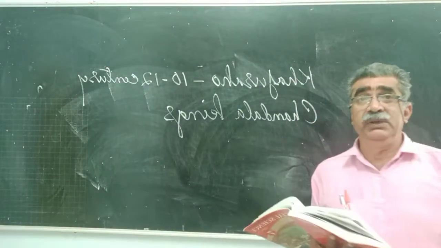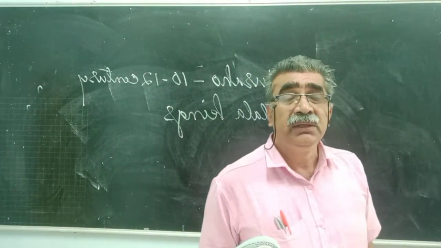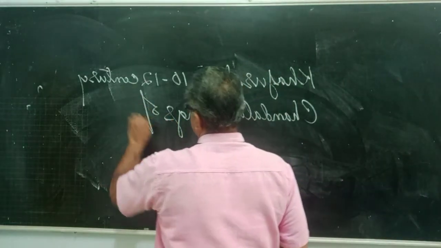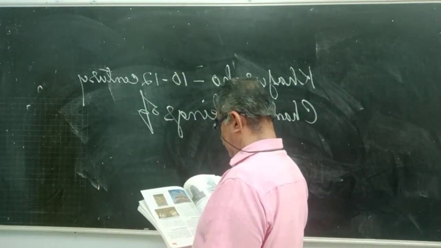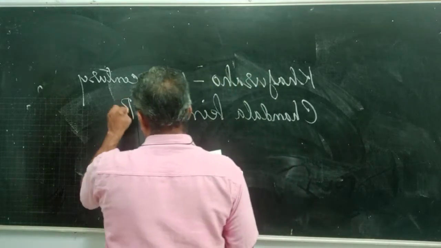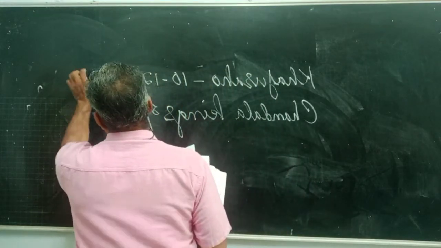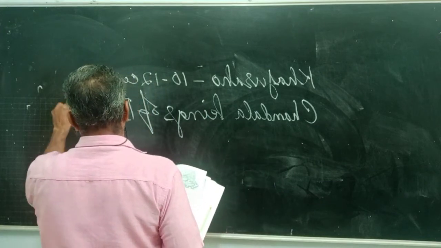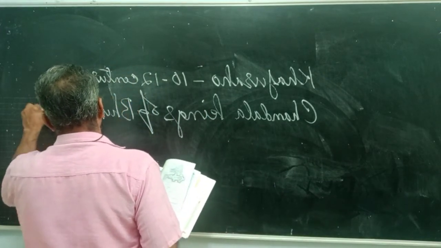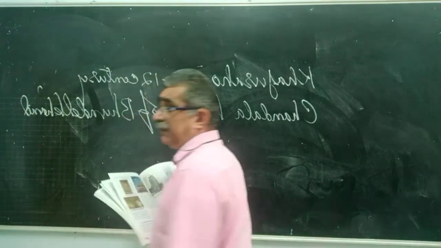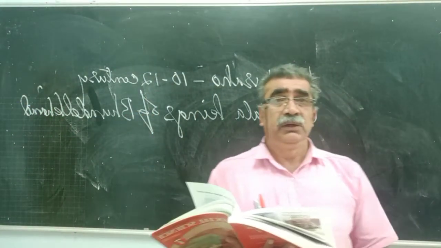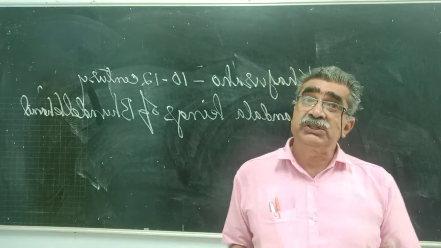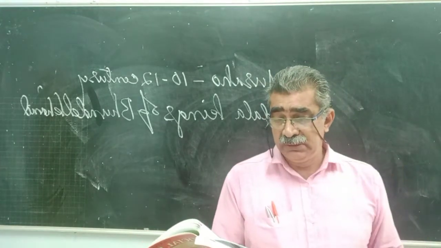You must understand where the Chandela kings were ruling. They were ruling in the Bundelkhand area. They constructed the Khajuraho temple.